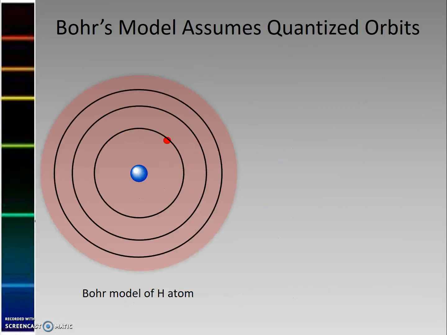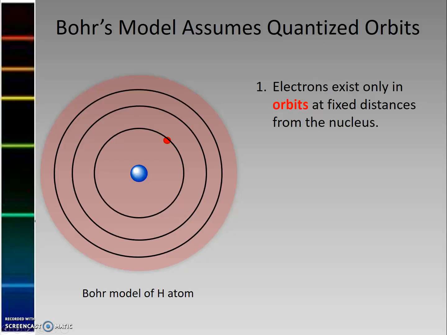In order to explain why we had discrete lines in the spectrum of hydrogen, so why we saw single lines and not smears, Bohr said that electrons could only travel in quantized orbits, at fixed specific distances from the nucleus. The second thing he said was that those orbits have fixed energies.